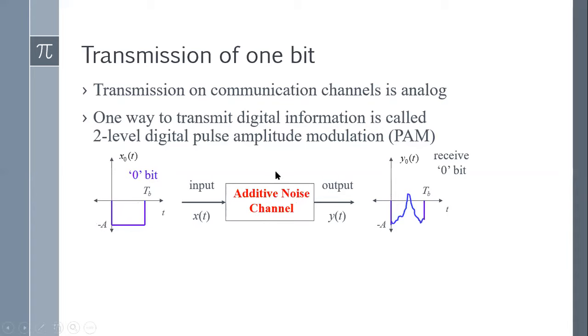When the signal is going through this channel, that signal is analog. So on the input side it is converted into bits, but these bits are transmitted through the channel as an analog signal. Okay, clear?